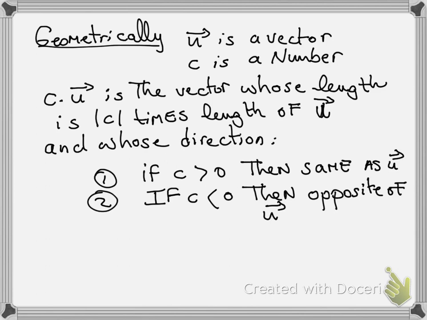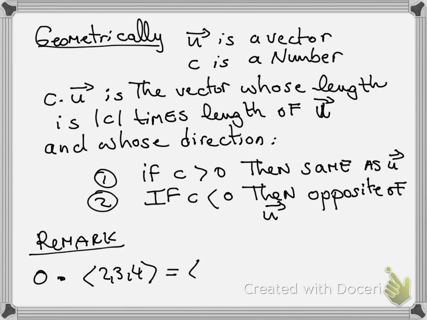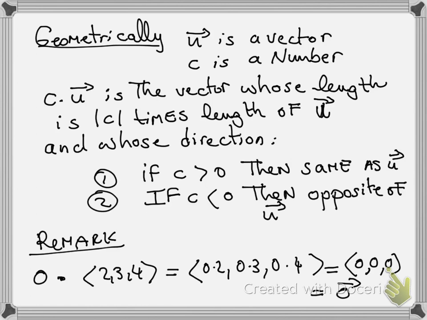Of course, if c is 0, then 0 times a vector is just the zero vector. So if you multiply by 0, you take a vector, let's say 2, 3, 4. That's 0 times 2, 0 times 3, 0 times 4. So that would be the vector 0, 0, 0. That's the zero vector. Okay, so the zero vector is just the vector with 0 coordinates.